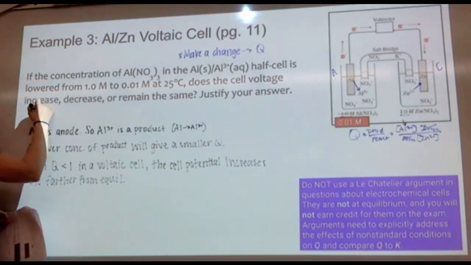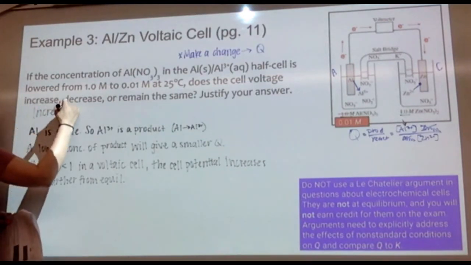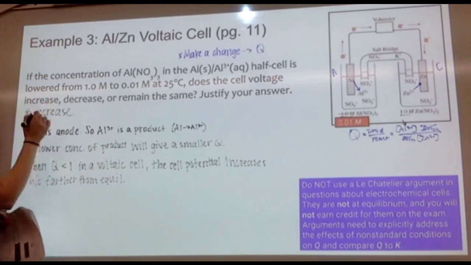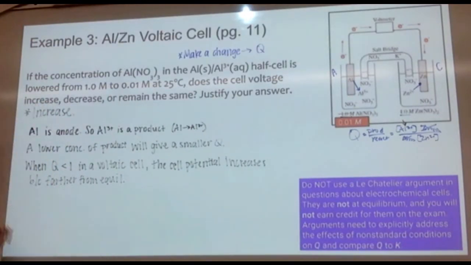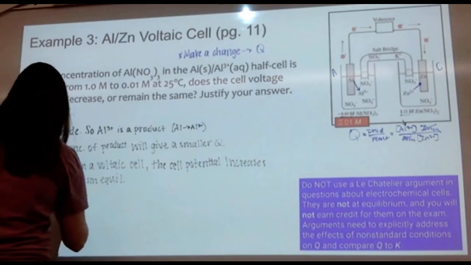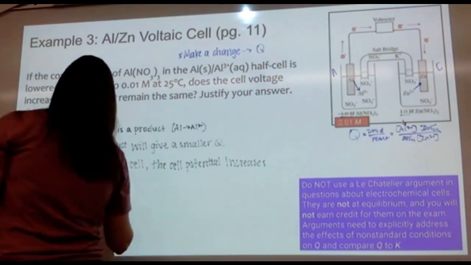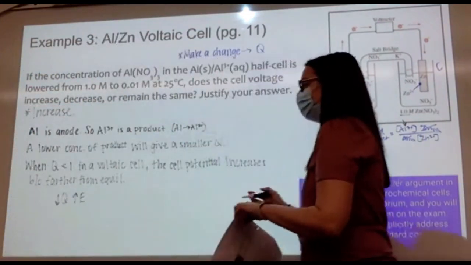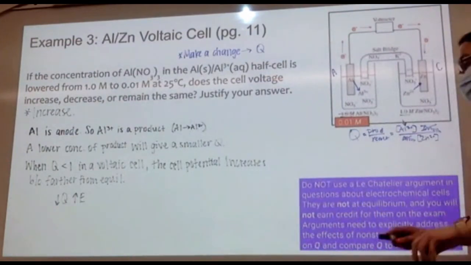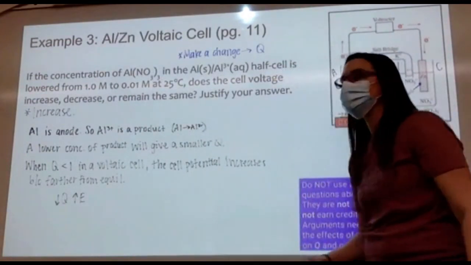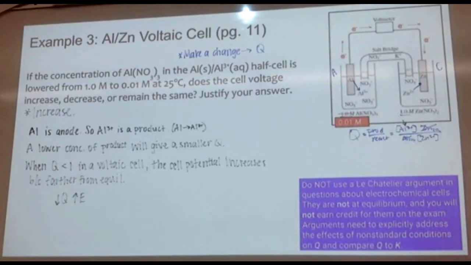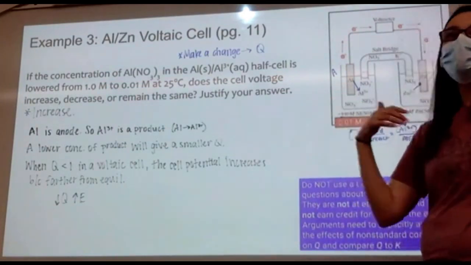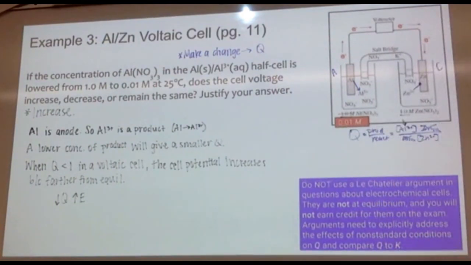So my answer up here is increase, because remember, decrease Q, increase E. But our justification is that E increases because we're farther from equilibrium. You're farther away from equilibrium, so your voltage is going to increase in order to use up all the reactants. Questions on this one?